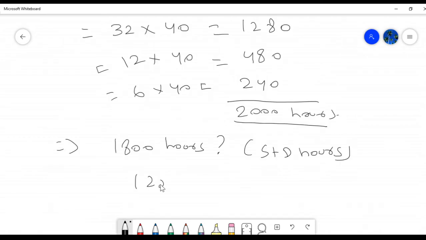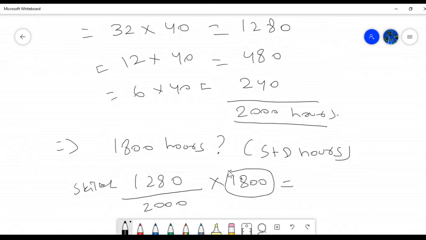1280. This is for skilled. Okay, skilled first, we need to identify. If my skilled labor for the week is 1280 out of 2000 hours, then if my total standard labor hours is 1800 hours, what is my skilled labor?